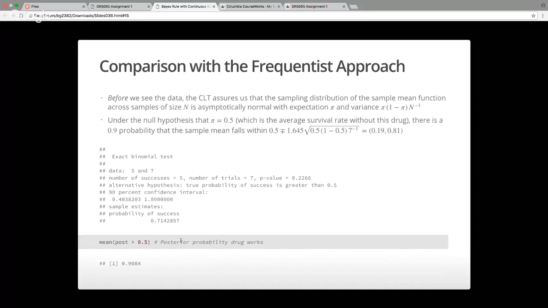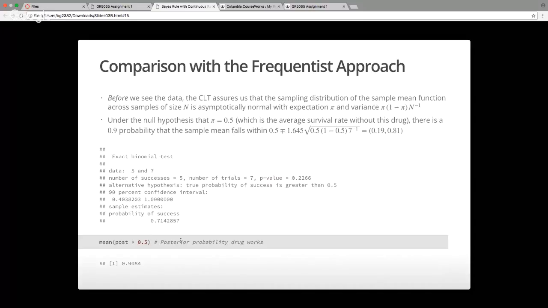And yet we would, if we were taking a frequentist approach, fail to reject the null hypothesis that the drug results in the same survival rate as without the drug, 0.5, with a 0.1 type 1 error rate.